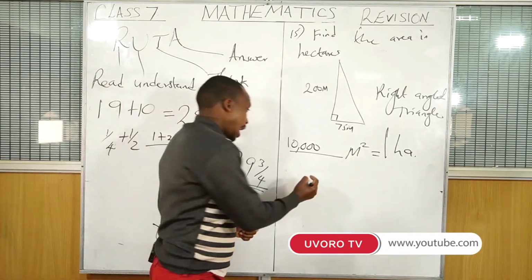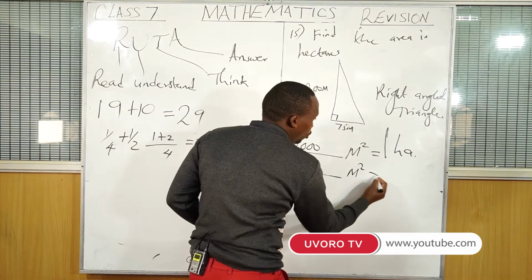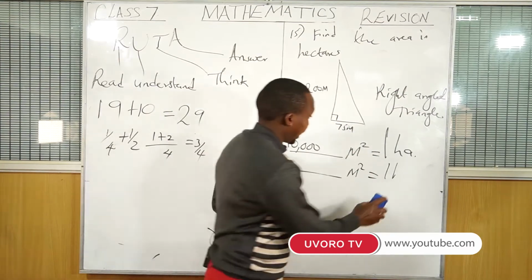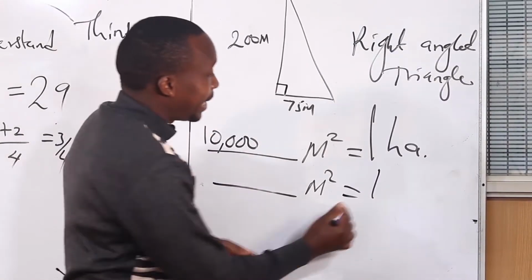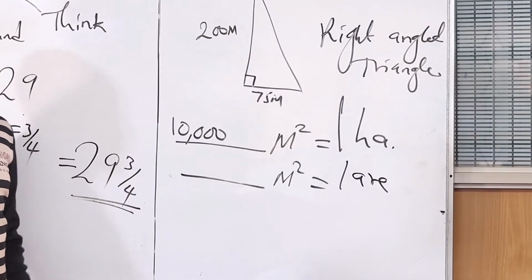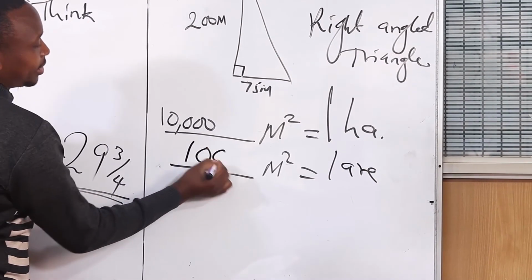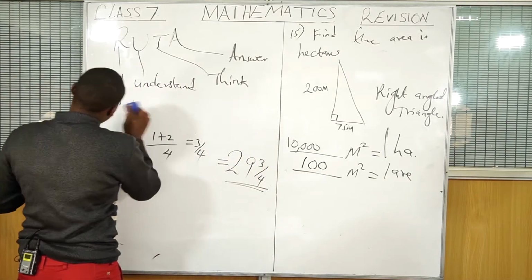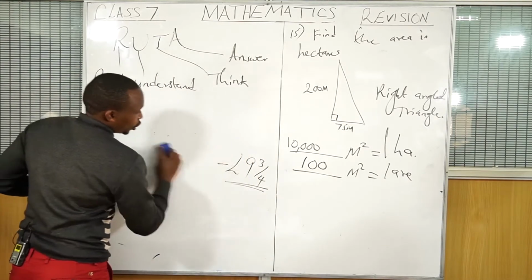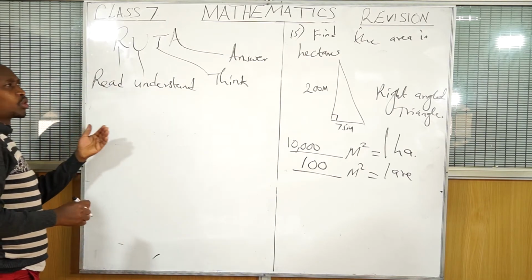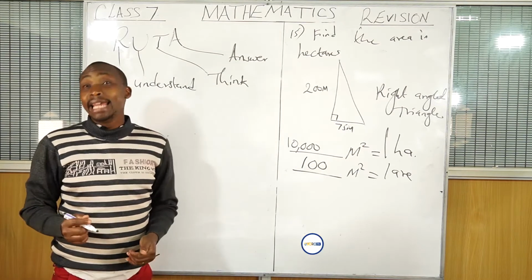What about how many meters squared will give us 1 R? That is very good. 100. Imagine, only 100. Okay. Let's continue with our sum. How are we supposed to get the area in hectares?